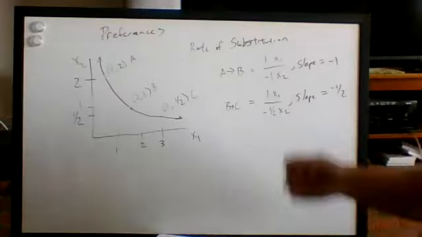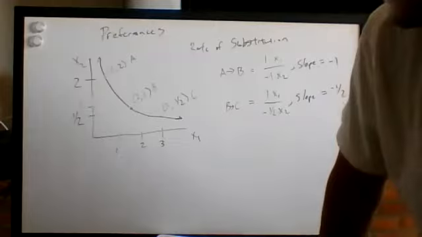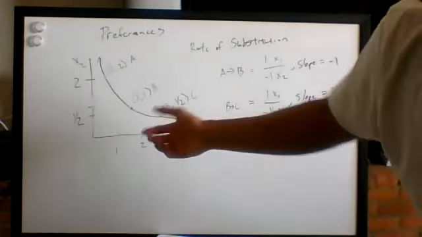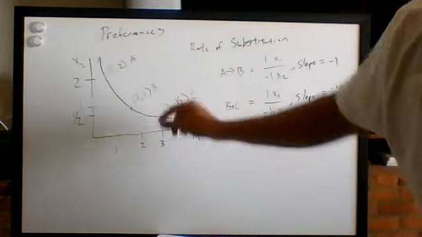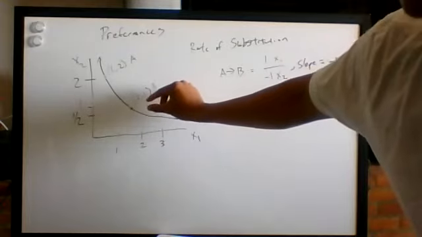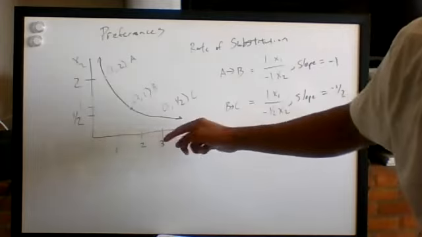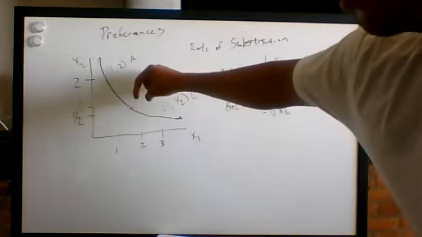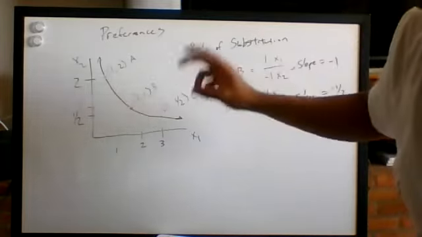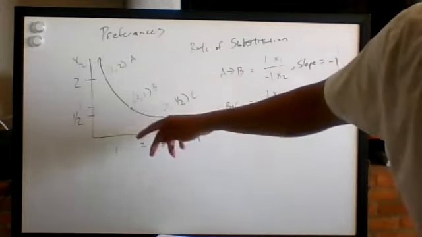Wouldn't the slope be -2? From B to C, wouldn't the slope be -2? No, because if you think about slope as being rise over run, the rise is -1/2, and the run is 1. So you rose -1/2 and you ran 1.